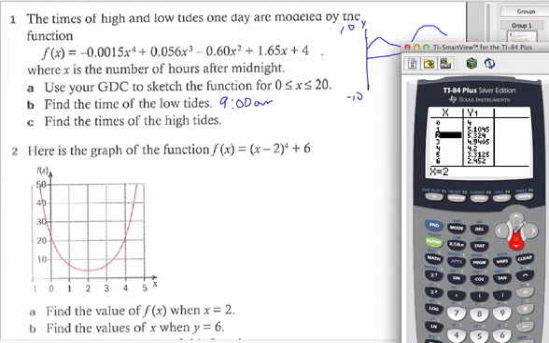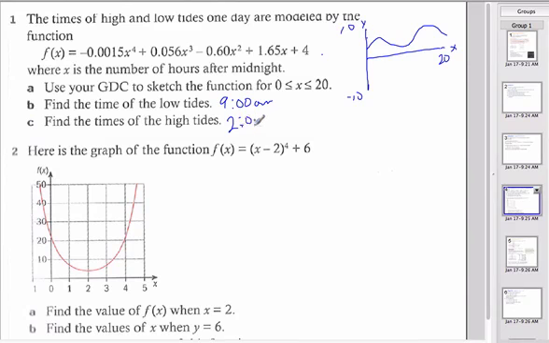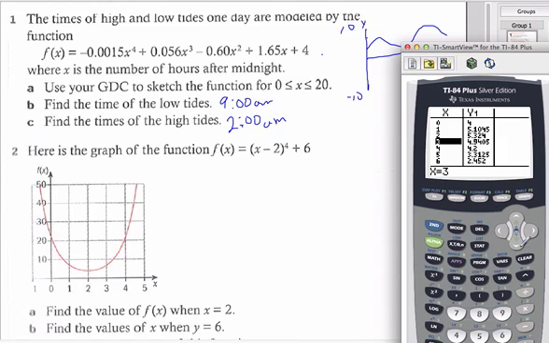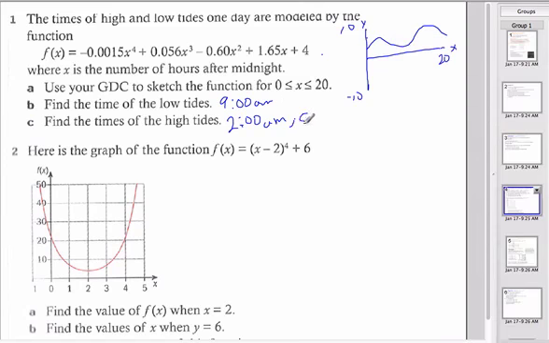So it looks like we have a high tide right here at 2 o'clock a.m. And we have another high tide later on, at 17 hours after midnight, so that's 5 o'clock p.m.